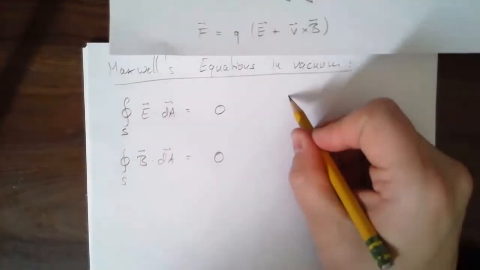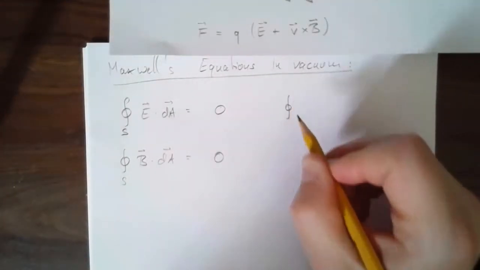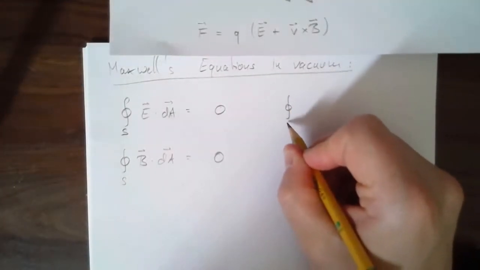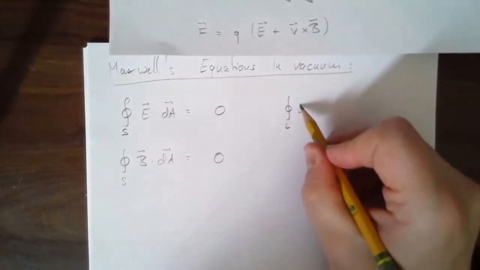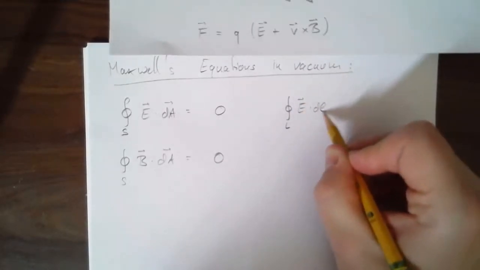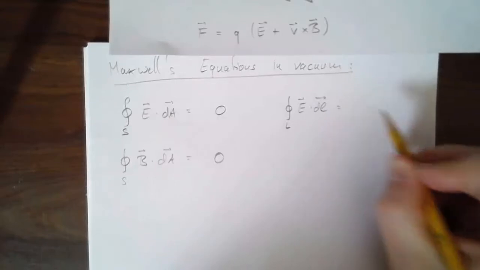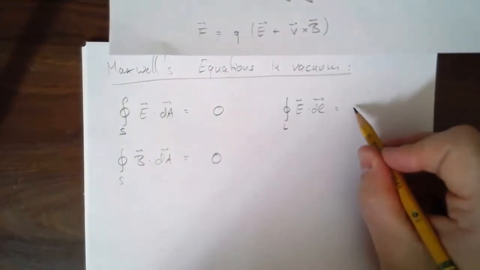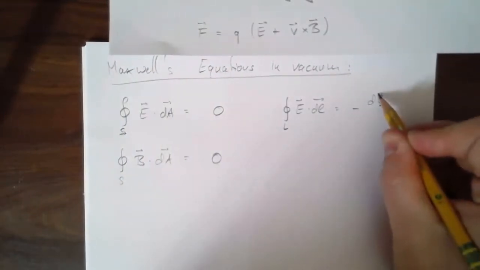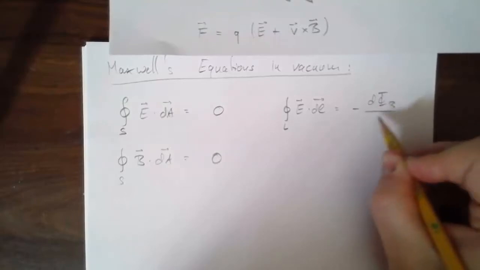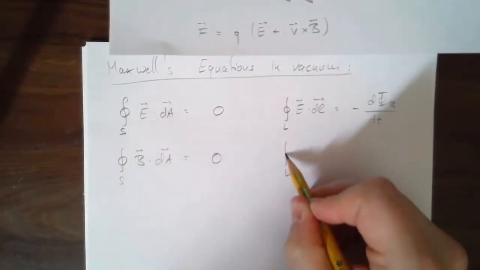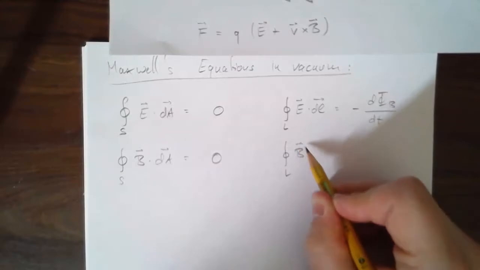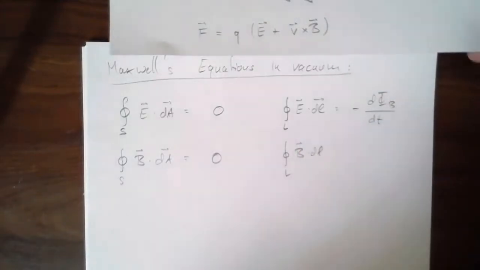I'm going to get that for a loop L, this is a line integral. That is not 0. That is equal to the negative of the rate of change of magnetic flux, whereas the line integral for a magnetic field, well, that's Ampere's law.